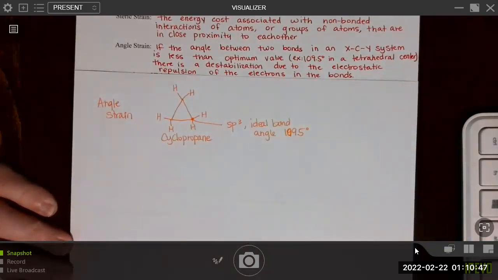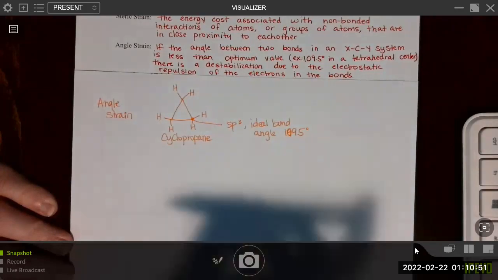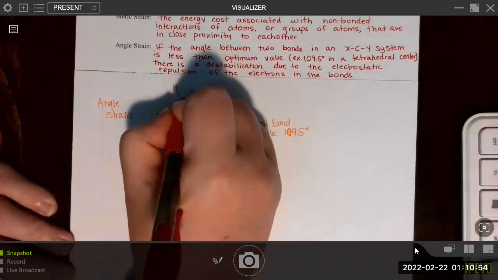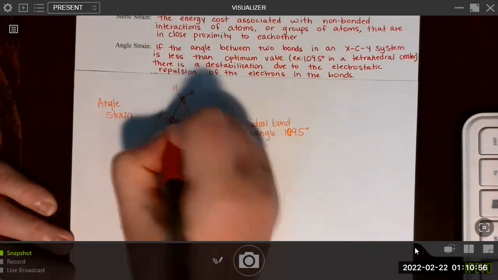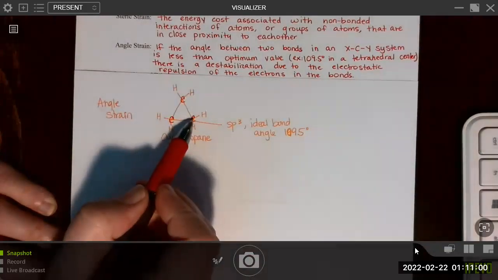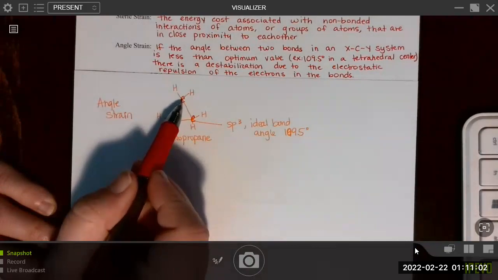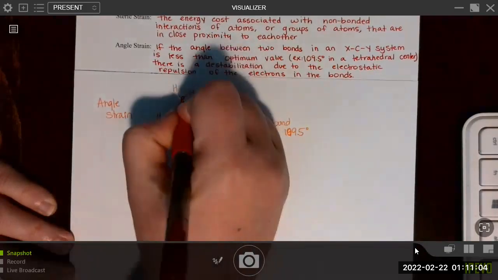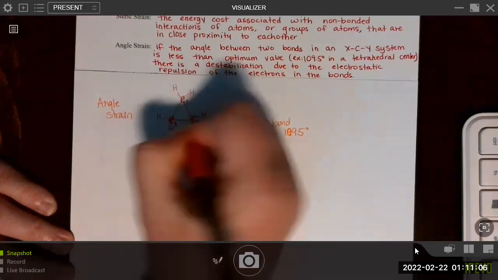But let's look at what the actual bond angle is. For example, for this carbon-carbon-carbon angle, if we're looking at this as the central carbon, let's label these C1 to C3.